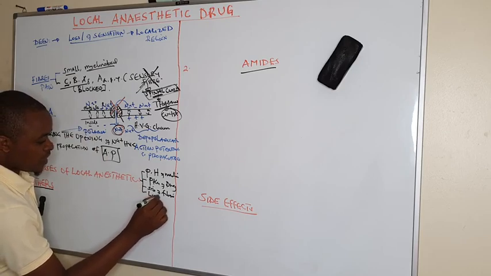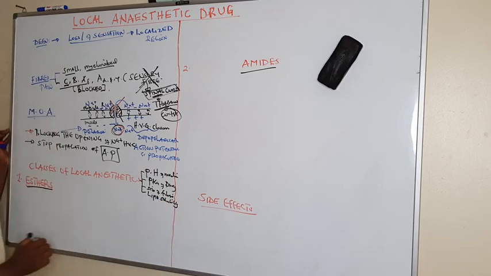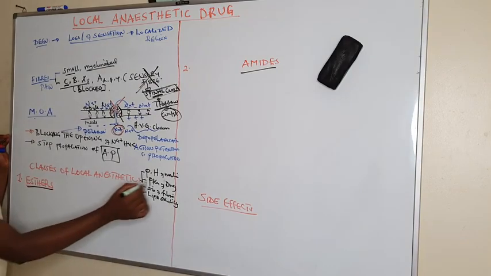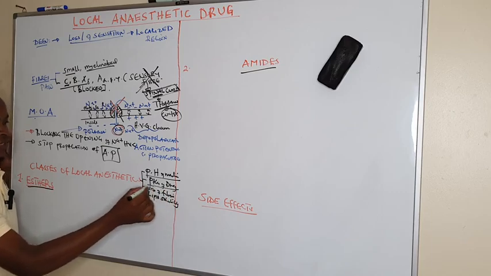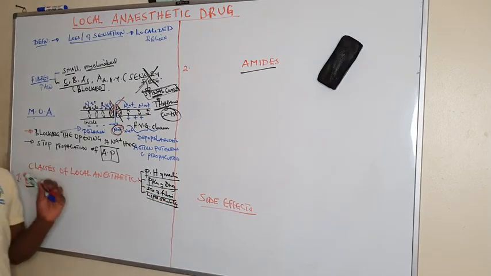So they are affected by lipid solubility. That's why we see the myelinated neurons blocking faster. So these are the factors that affect the action of local anesthetics.